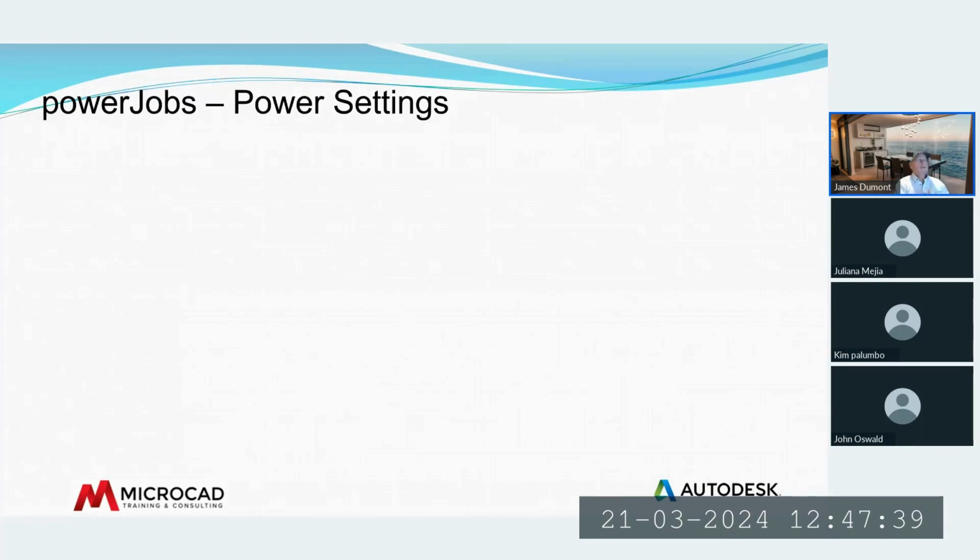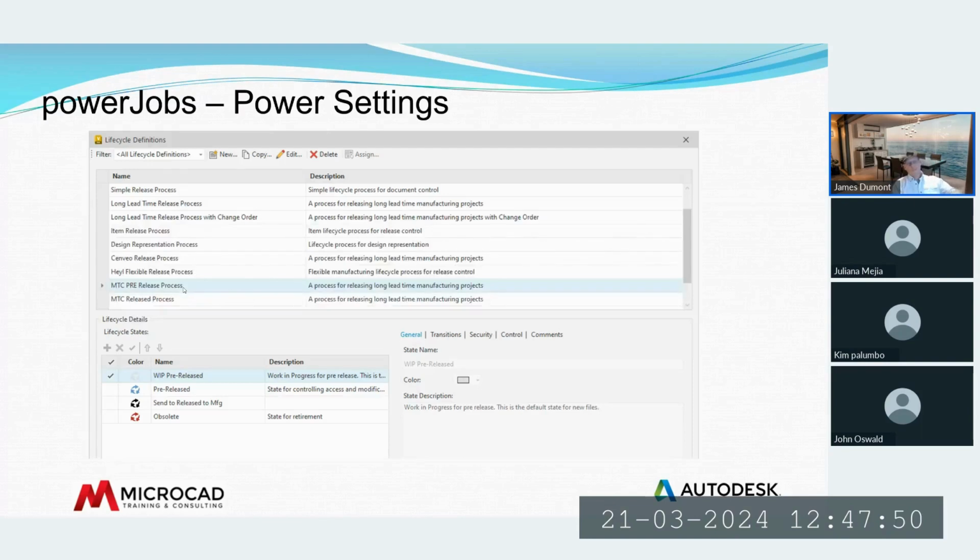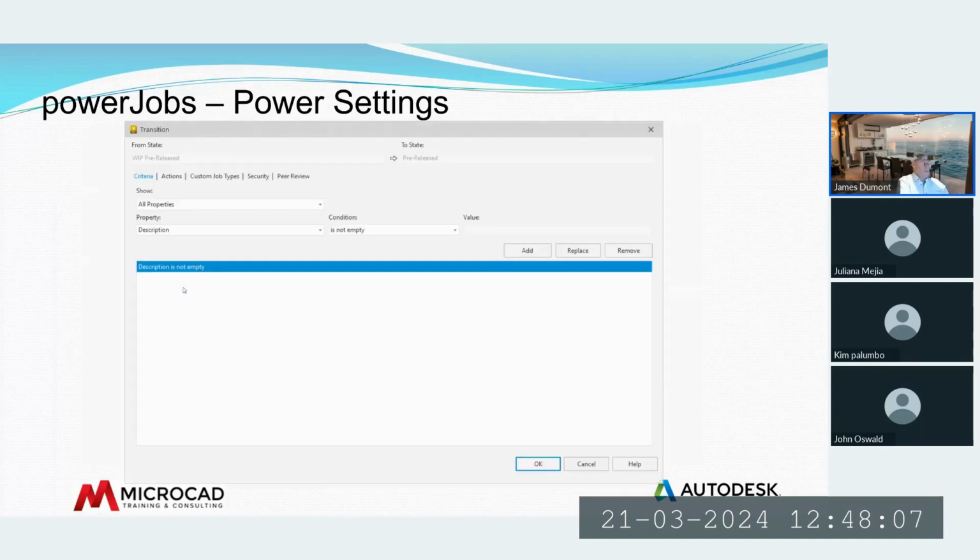What they do have that's head and shoulders above the Vault is the power settings. So in Vault, if you have your lifecycle definitions, if I go from WIP to released, quick change to released, full review to released, if I'm doing anything like creating PDFs, I have to make sure each transition is modified.